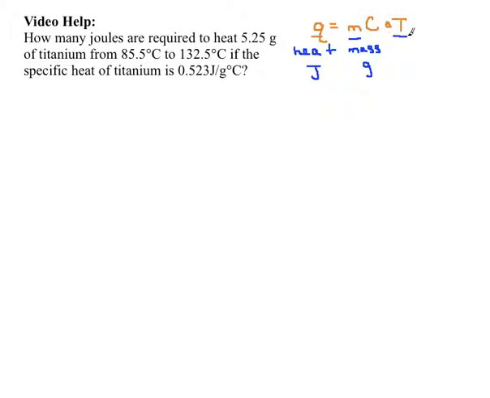Delta T is your change in temperature, so it's your final temperature, which is TF, minus your initial temperature, which is TI. And then for C, I want this equation to end up with units just of joules.